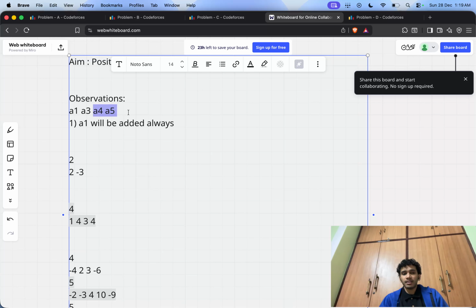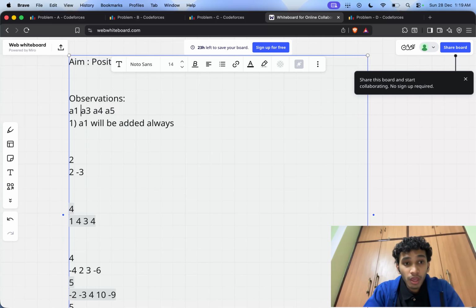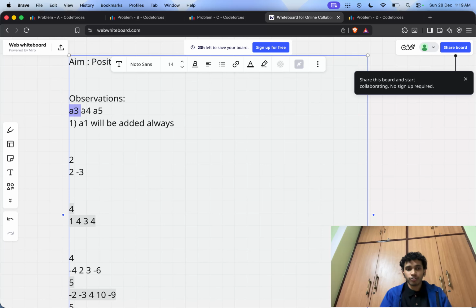Now what about A4 and A5? We know that A3 will never be chosen. So do A4 and A5 have the independence to move to the first index? No, they will never have, because if A4 wants to be chosen, then A3 needs to be chosen for sure for A4 to become the very first element. What did we say?